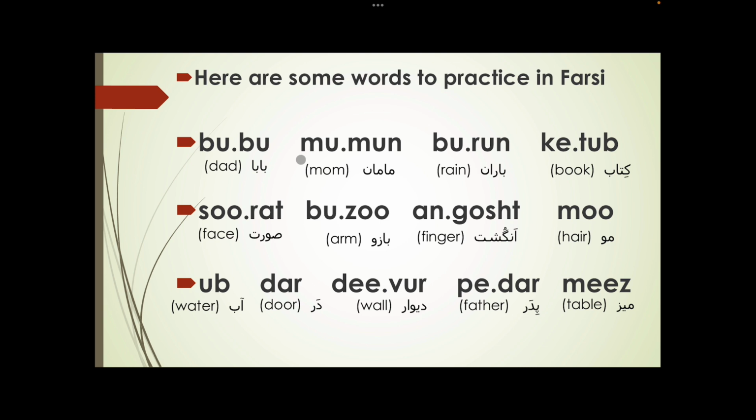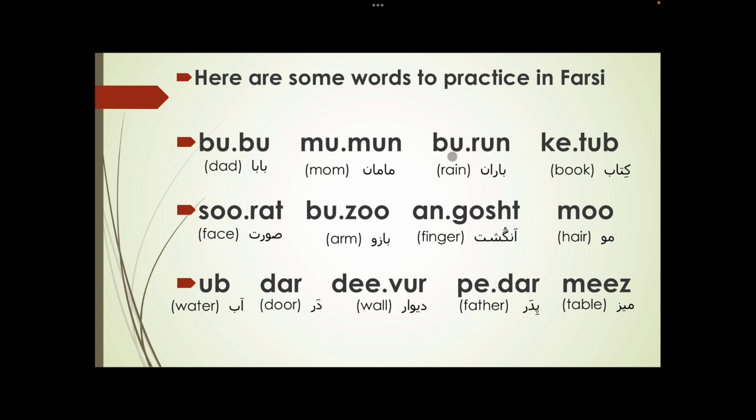So we say something like ma-mon. There's a little bit of stress maybe on the next consonant right after the period, but it's almost subtle. Very brief. So mamon, which means mom.